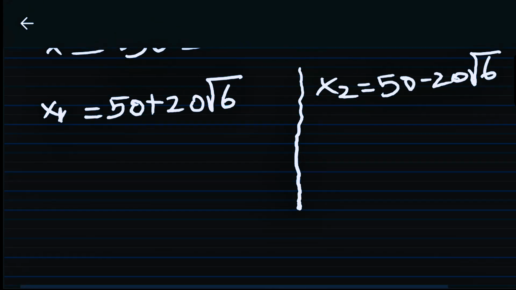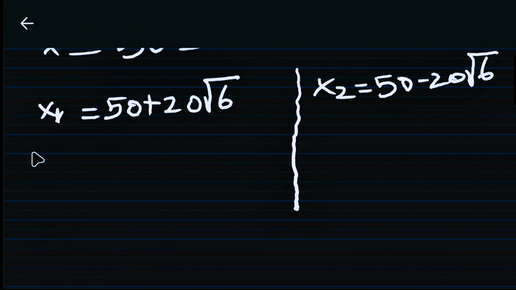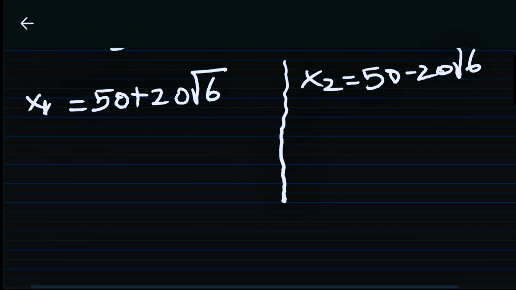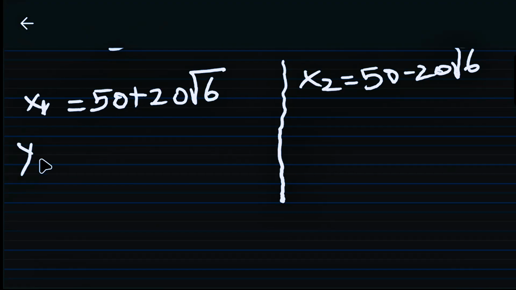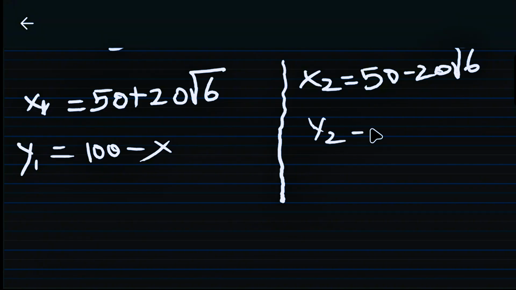Now remember that in equation 3 we said that y1 will be equal to 100 minus x, and that means that y2 equals 100 minus x as well. So from here, for us to get y1 and y2, we are going to substitute the value of x in this place.